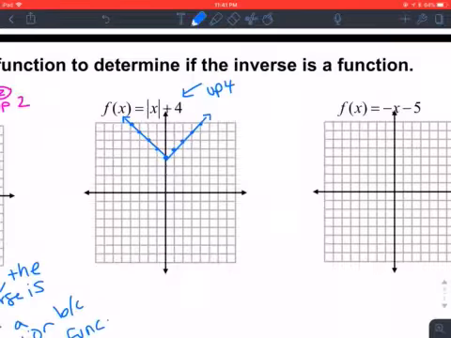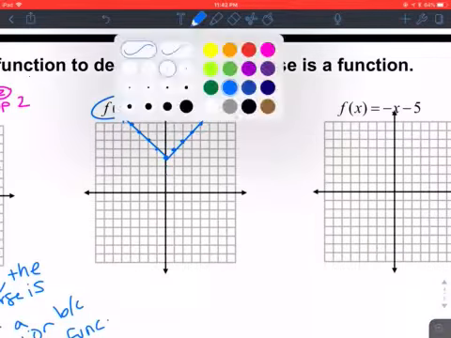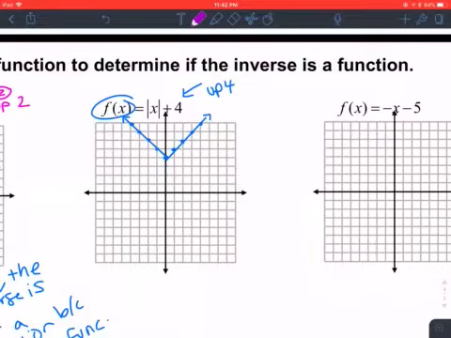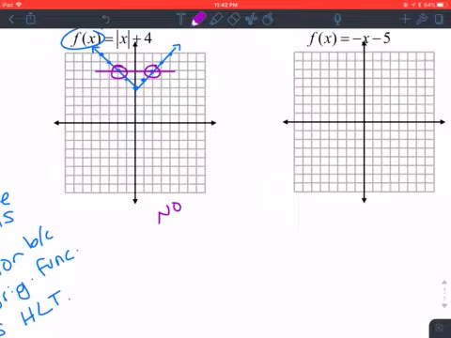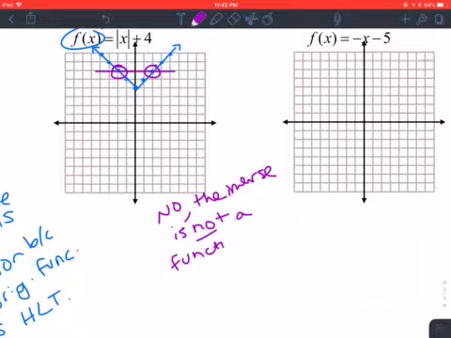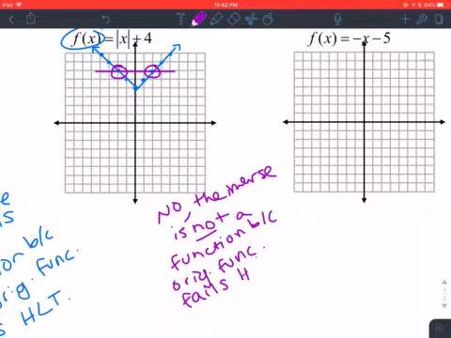Okay, so here's the function f of x. And now we need to know if the inverse is a function. So we're going to look at a horizontal line. And we see it crosses twice. So the answer is no. The inverse is not a function because the original function fails the horizontal line test.